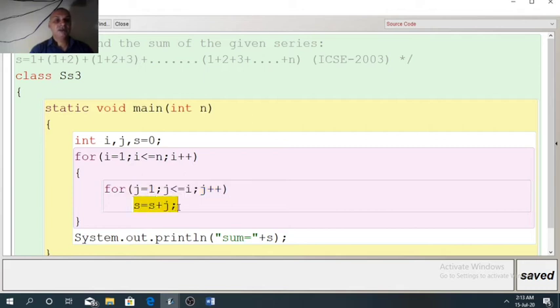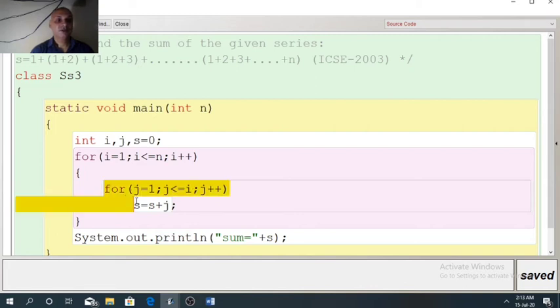s equal to s plus j. In the beginning s is 0. So s equal to 0 plus 1, that is 1. So first term 1 we have got. Now j will become 2. 2 less than or equal to 1 is false. Loop is over.